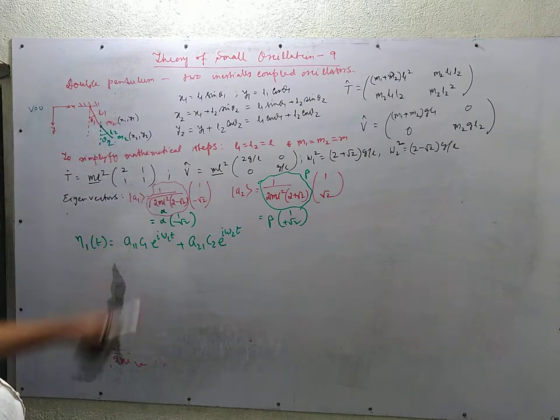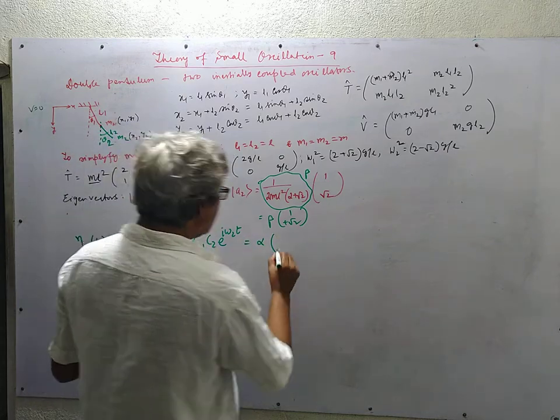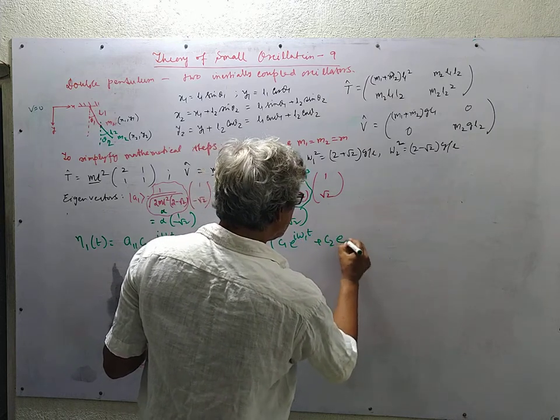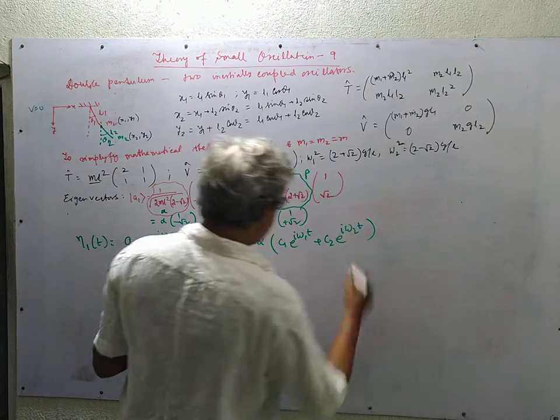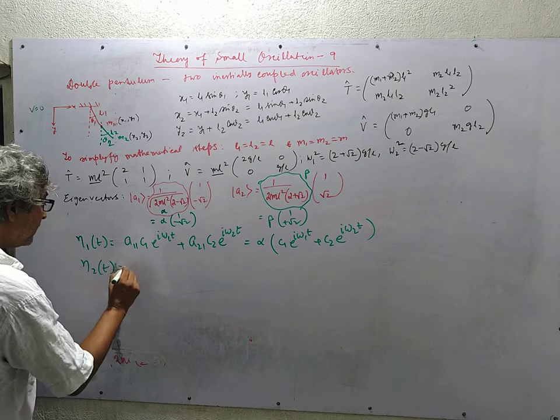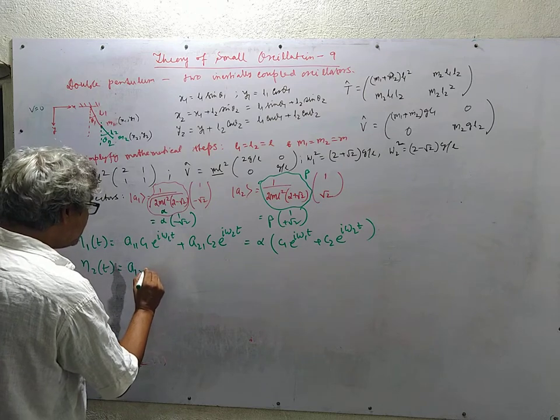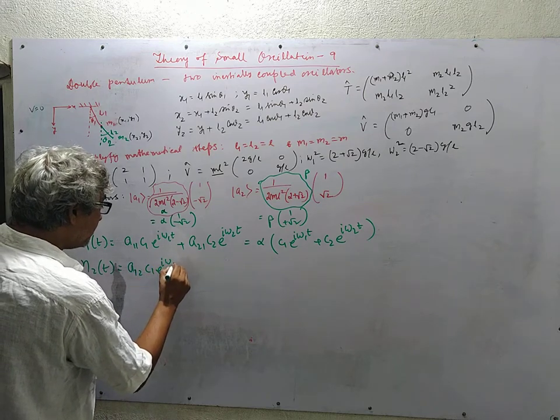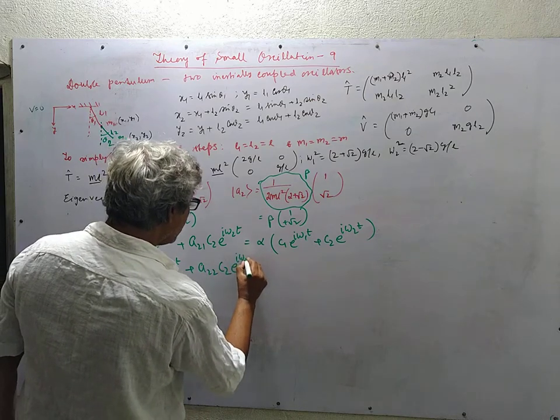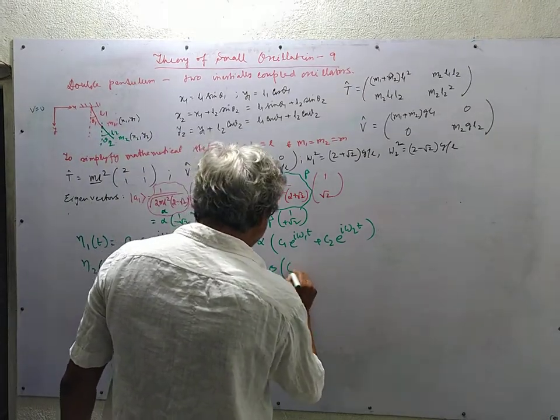Now this is equal to alpha, taking common, C1 e to the power i omega 1 t plus C2 e to the power i omega 2 t, and eta 2 is A12 C1 e to the power i omega 1 t plus A22 C2 e to the power i omega 2 t, and this comes in terms of beta.